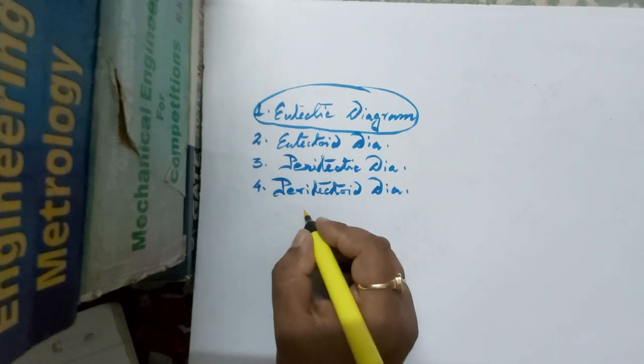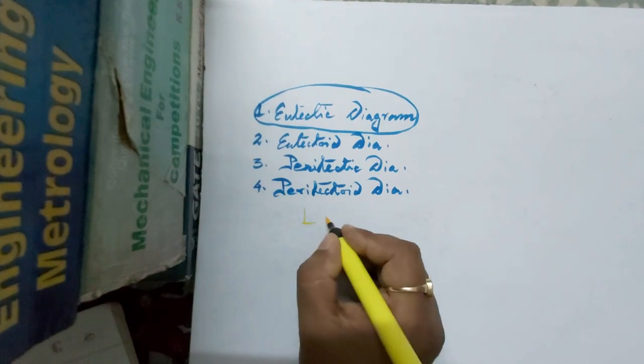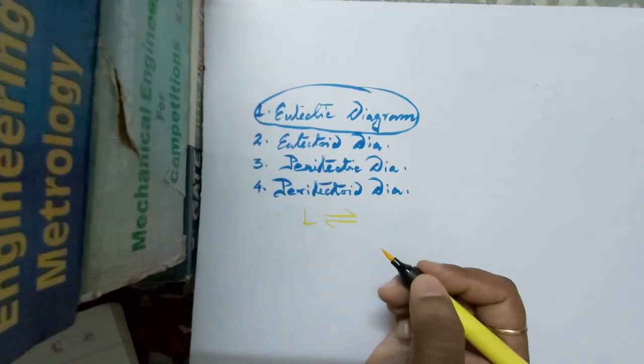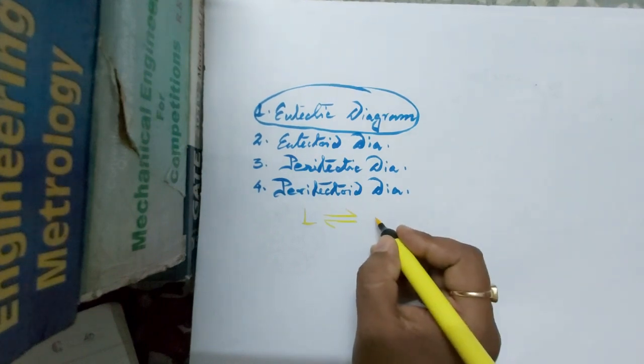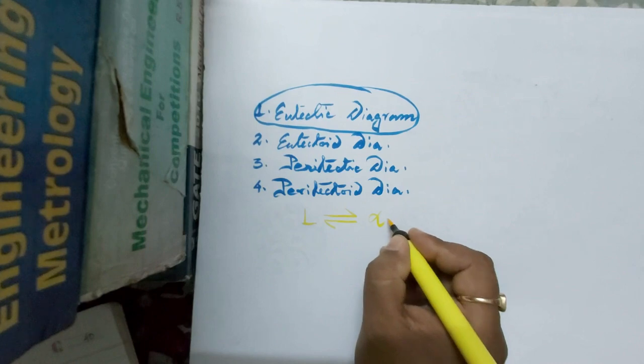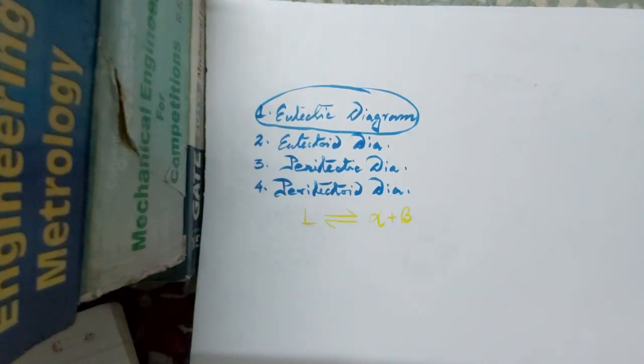Eutectic reaction is: liquid, on cooling, which means by removing the latent heat, it will convert into 2 different solid phases. One is alpha, another is beta.